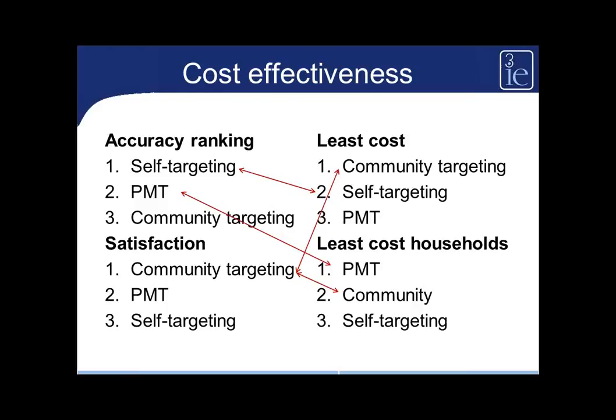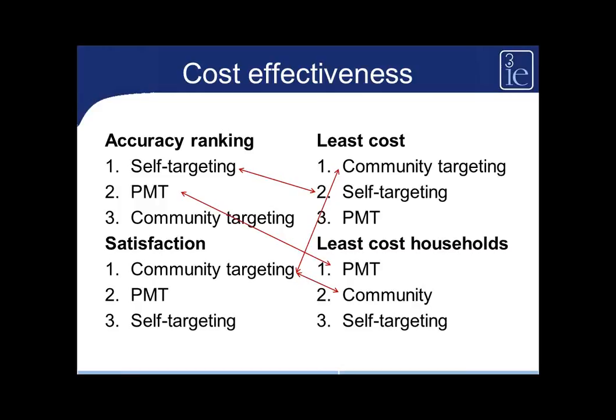So the question you might ask is, well, what did the government do? What the government did as a result of this analysis, or at least what they've done so far, is they focused really on these community targeting outcomes and costs, and they decided not to have the program fully community targeted, but to allow community targeting to do the updating.